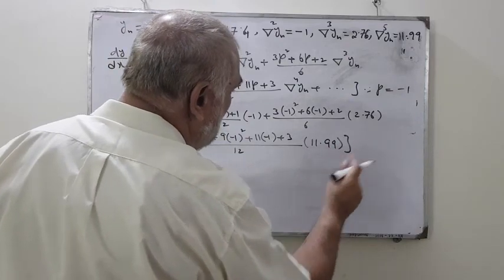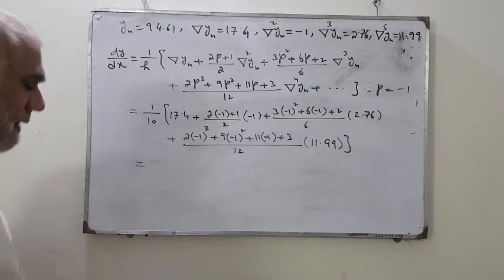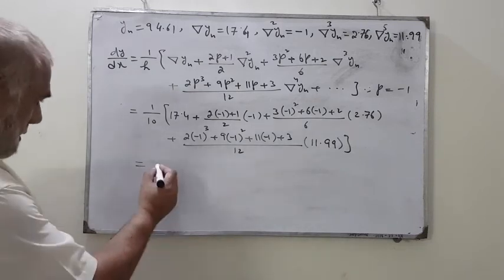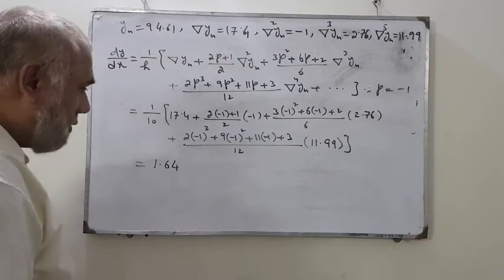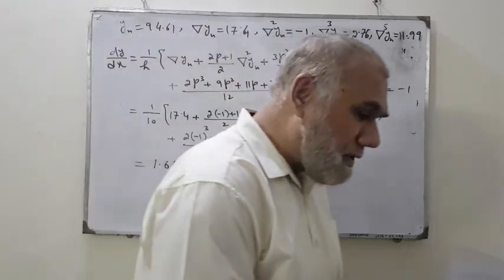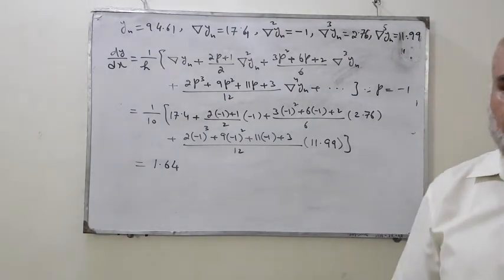So I have substituted all the values into the formula. Remaining you can use your calculating devices, and the result is almost 1.64. So this is the rate of change or rate of growth of the population in the year 1981.